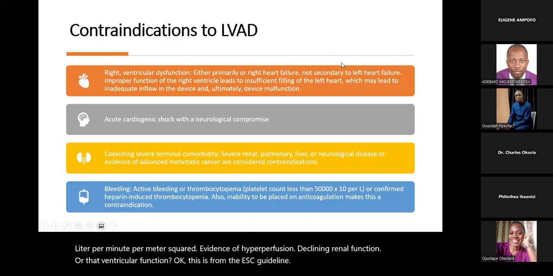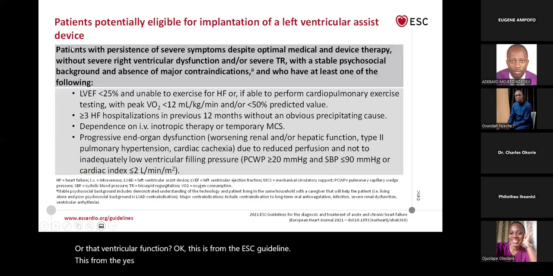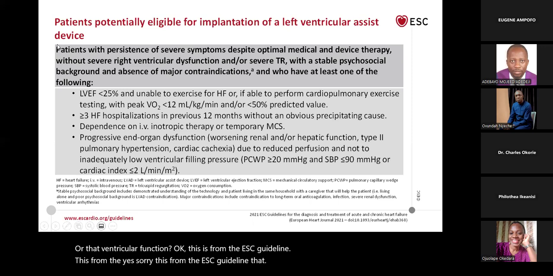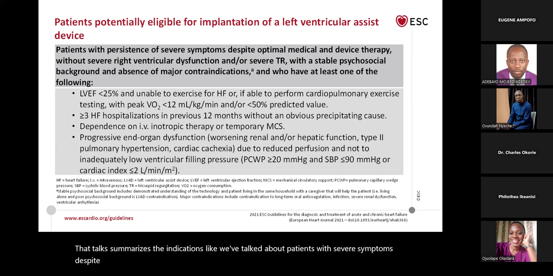This is from the ESC guideline that summarizes the indications like we've talked about. Patients with severe symptoms despite optimal medical and device therapy. So if a device therapy is indicated, like a CRT, a CRT will come before an LVAD.